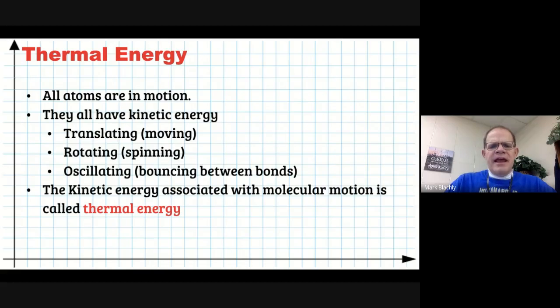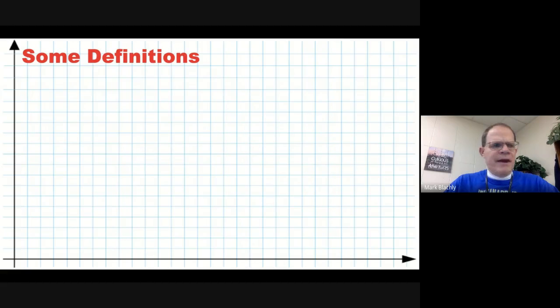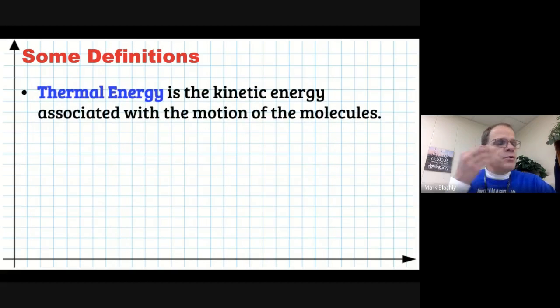So kinetic energy associated with molecular motion is what we're going to call thermal energy, all right? So don't panic, I've got this on the next slide. Here is what I need you to jot down in your notes. This is the big idea. Thermal energy is the kinetic energy of all of the molecules added up.